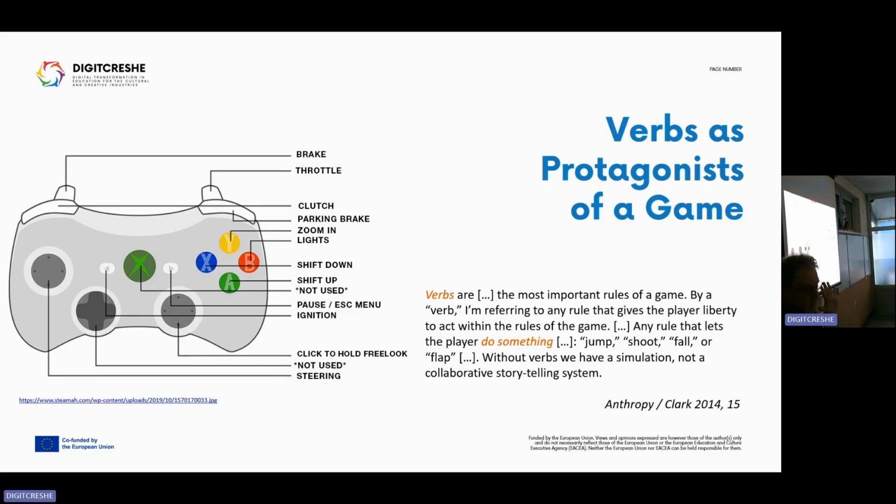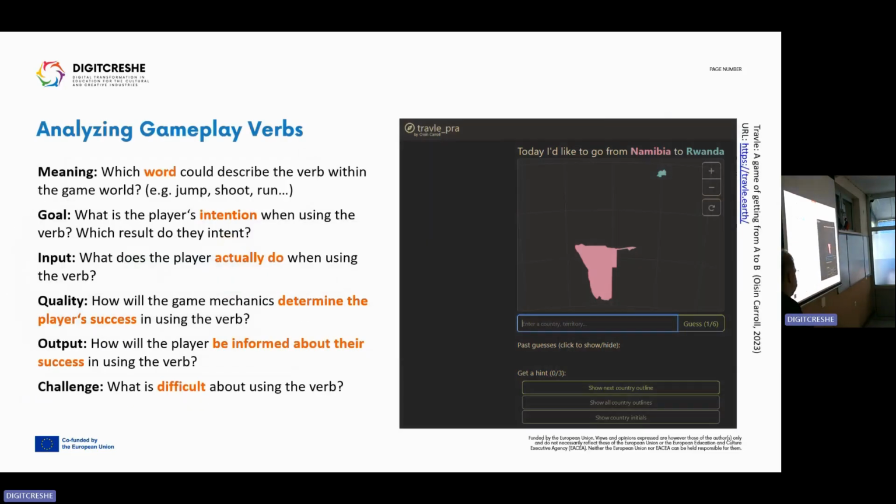I would argue that there are not only two different aspects of a verb, but there are six. I will introduce you to these six by our first task, for which you will need the Miro board. So, short introduction to this. Let's go back to the travel game. And let's apply these dimensions, these components of the verb on the game. Let's do this together, okay?